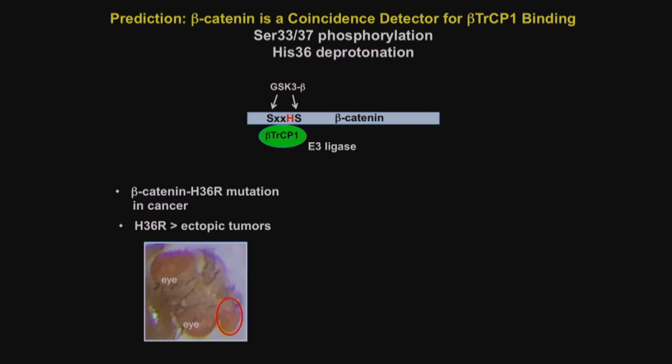So to further confirm that and go back to the biology, what we found in the COSMIC database of cancer mutations, it's not very recurring, but there is a beta-catenin H36R. And so we expressed that in Drosophila eye epithelium, and we end up with ectopic tumors, and a higher expression of beta-catenin.